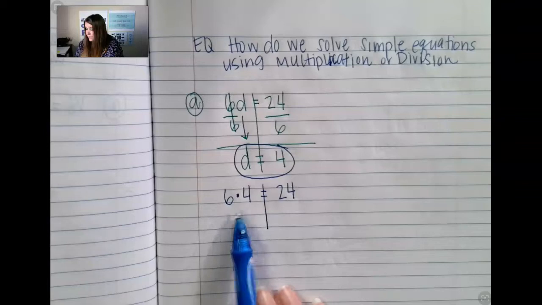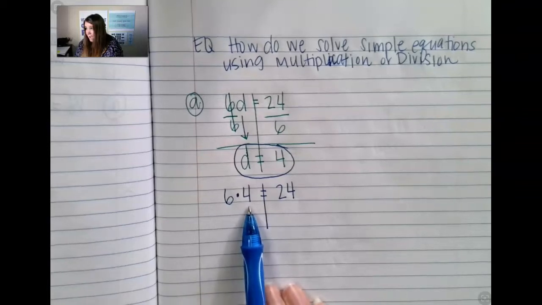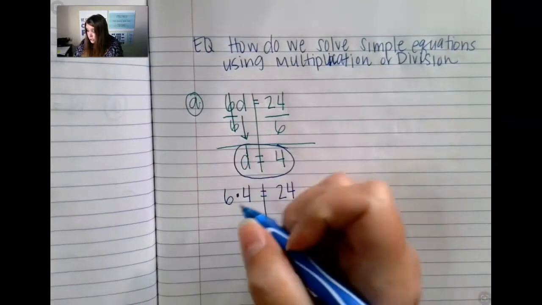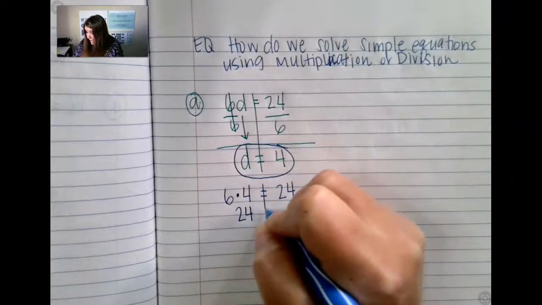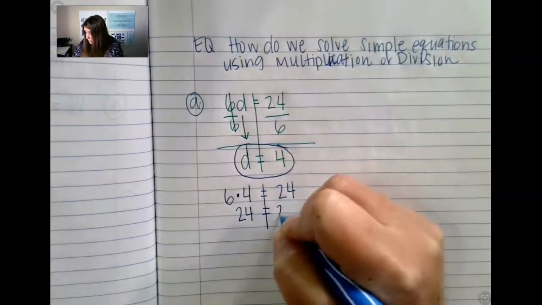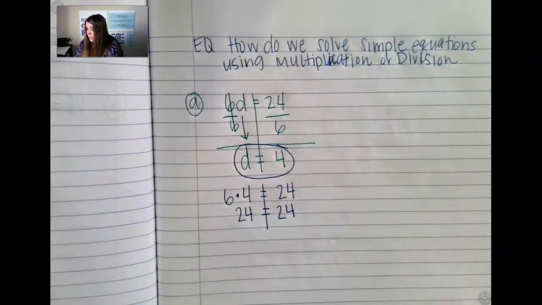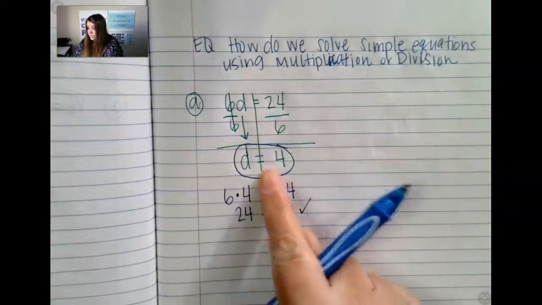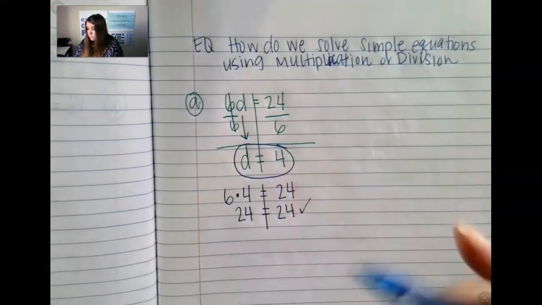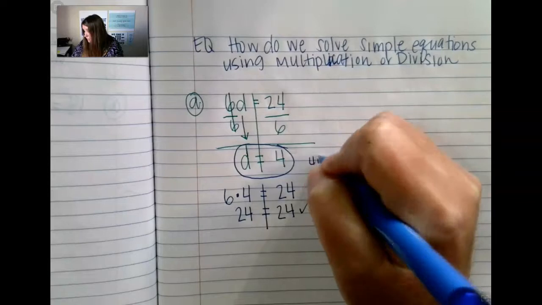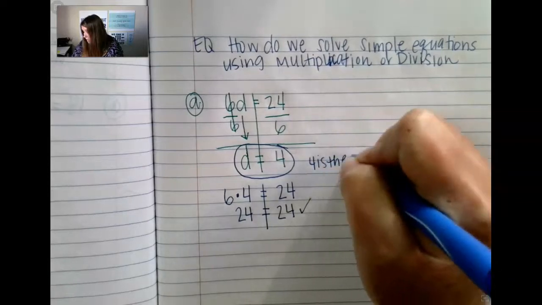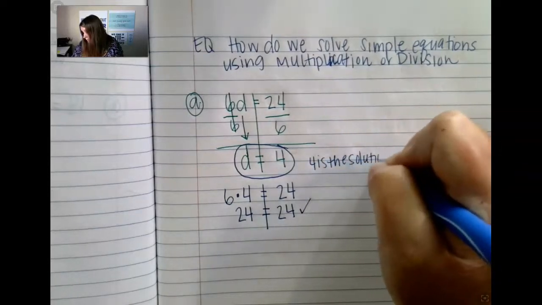Well, I know that 6 times 5 is 30. So if I subtract 6 from 30, I do get 24. And 6 times 4 is 24, and this side is 24. So yes, D equals 4 is my solution. So 4 is the solution.